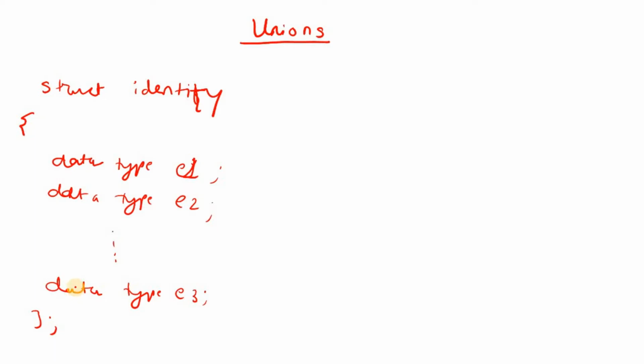Using a single variable, we are declaring n number of elements of different data types. Of course, it is working like a single data type, but a general primitive data type is only one word. But in the case of a user-defined data type, we need to consider two words, struct as well as identity.